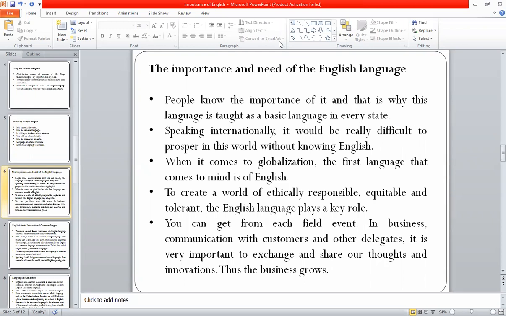They either know the Arabian language or they will speak with you in English. So it becomes very mandatory and very important to learn this language.